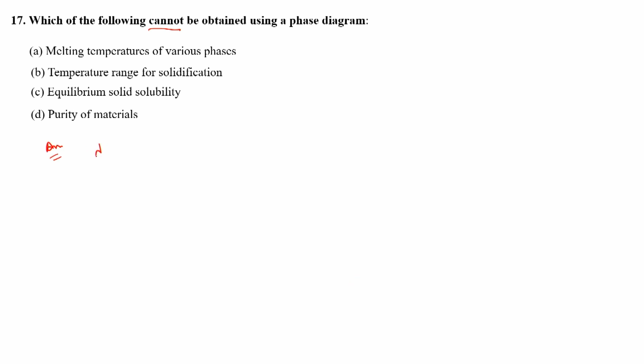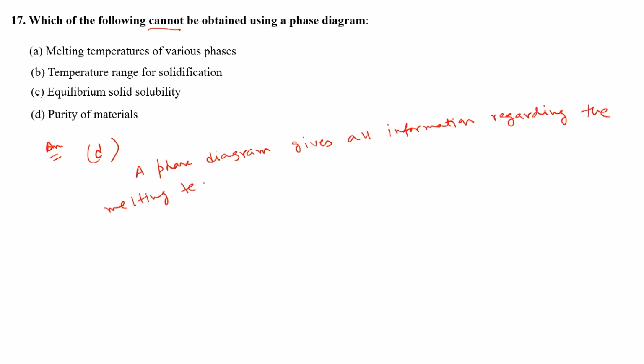So the correct option is D here, because a phase diagram gives all information regarding the melting temperatures of various phases, all types of temperature ranges for solidification.